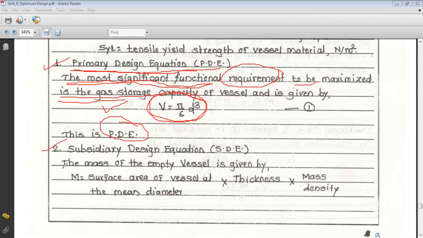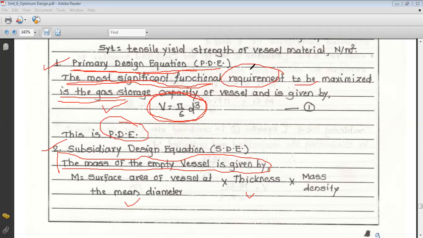The equation for the mass of the empty vessel we can write as follows. Mass is nothing but the volume into density. For a vessel, it is the surface area into thickness into mass density. The volume of the spherical vessel we can determine by using the surface area of the vessel at mean diameter into thickness.